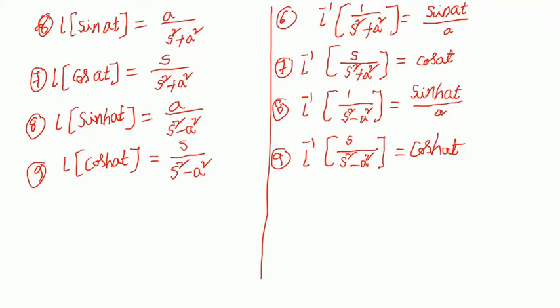So what are they? The 10th one is L inverse of S by S square plus A square. We know the formula of this one: cos AT.